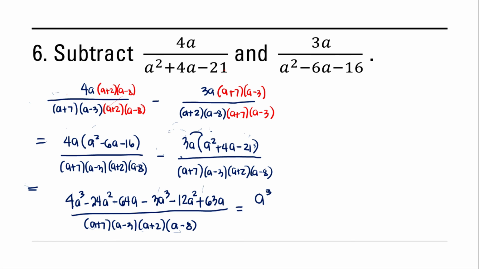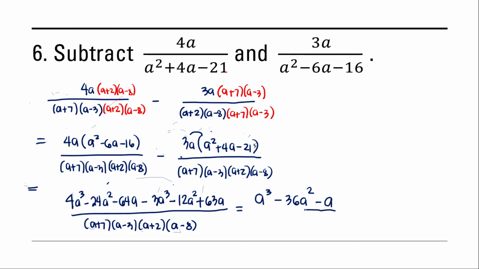Negative 24a squared and negative 12a squared will give us negative 36a squared. Negative 64a plus 63a, that will give us negative a.